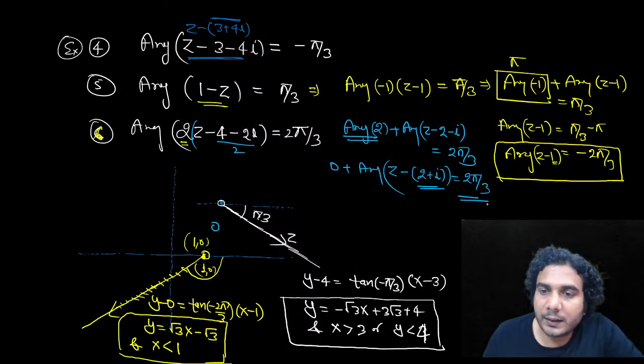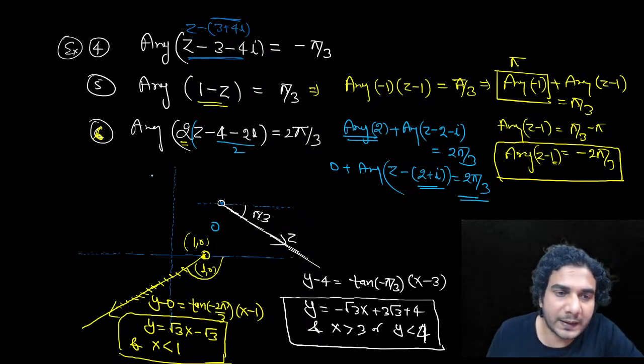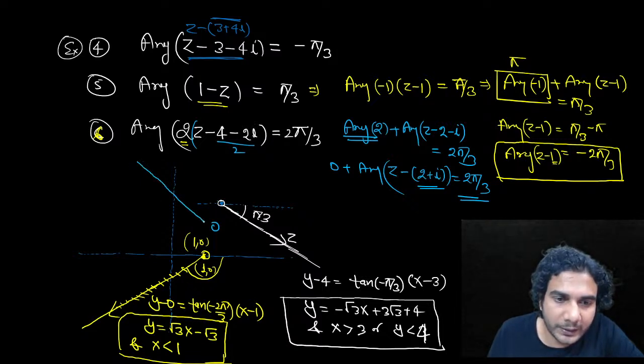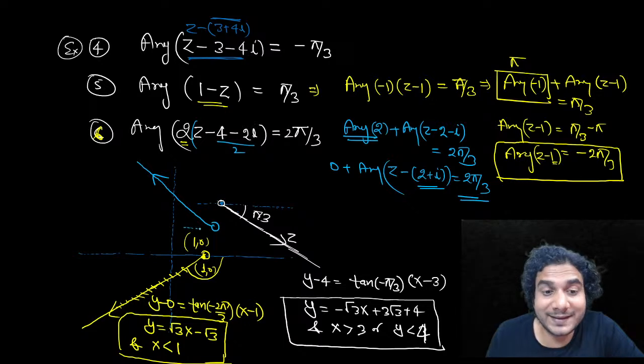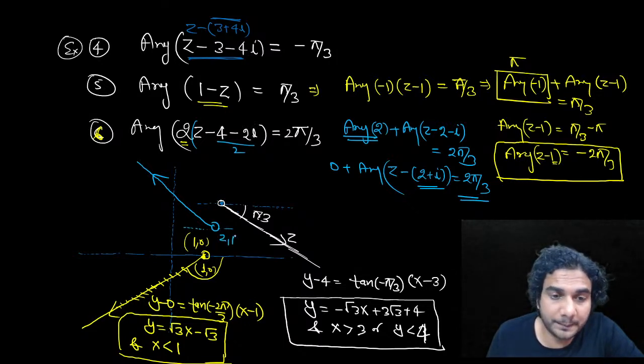You need to make a line at an angle of 2 pi by 3 with the x-axis, on the positive side. So this ray will go in this direction at an angle of 2 pi by 3 starting from this point, which is 2 comma 1. Do not compare it with any other point. Position wise we have taken it randomly.